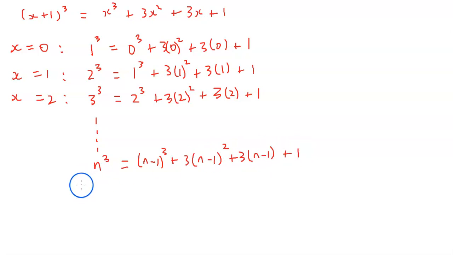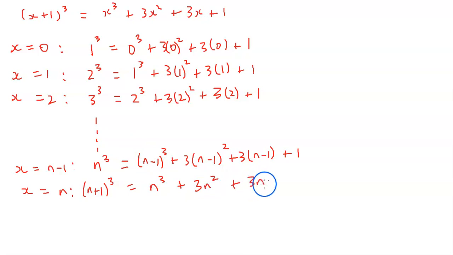And then the last row is going to be n plus 1 cubed. So this one here was x equals n minus 1, and this one here is going to be x equals n. Okay, so n plus 1 cubed is equal to n cubed plus 3n squared plus 3n plus 1.